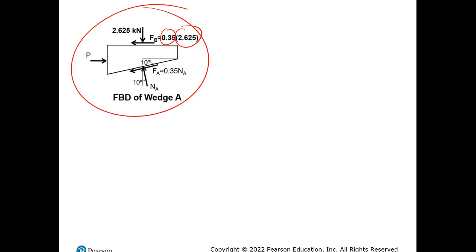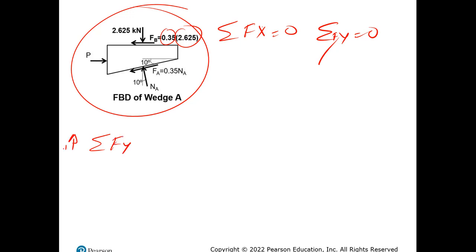the values into the free body diagram, and all I have to do is sum of forces in the x direction and sum of forces in the y direction equals 0, and my problem should be solved because I have two equations and two unknowns. So I'll go first with the sum of forces in the y direction, because I just realized that I can solve it. I only have one unknown going into the y direction, which is NA.